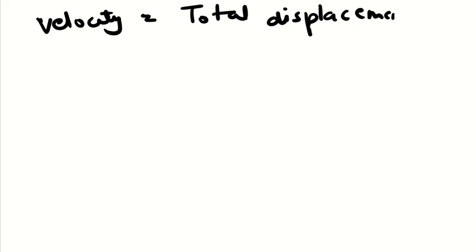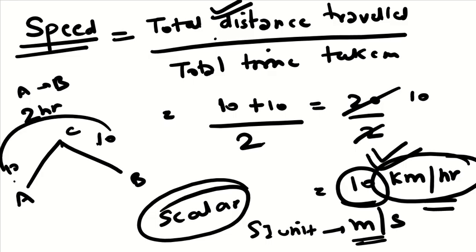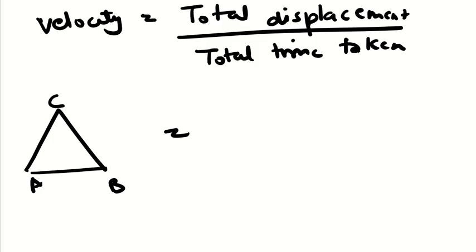Velocity is basically, mathematically, total displacement divided by total time taken. Here I am taking the same example again. So this means A to C, C to B. Here the displacement is going to be 10, right?